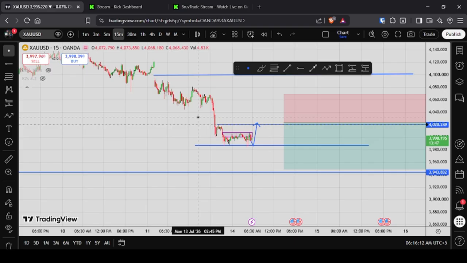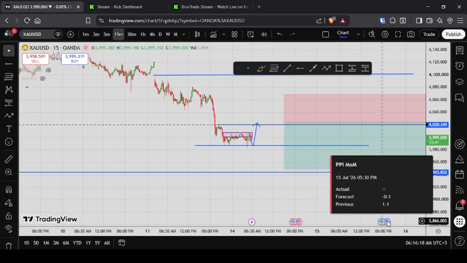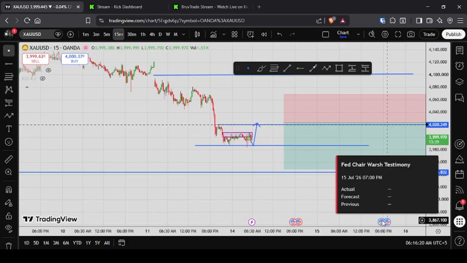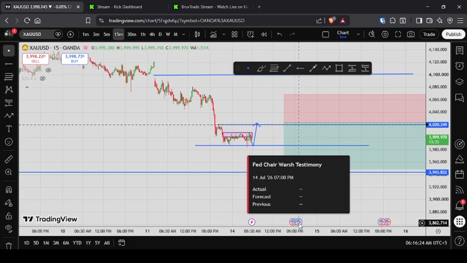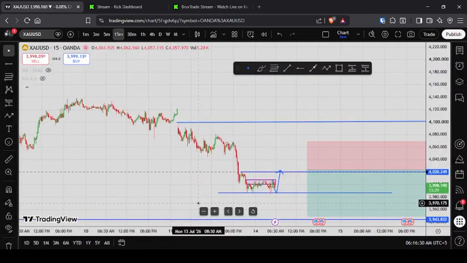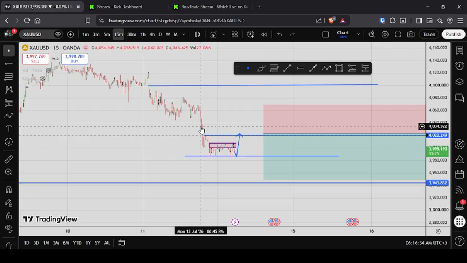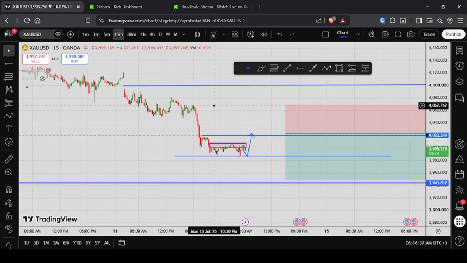We are going to learn about the inflation rates today, because the latest news is about the inflation rate and the other is going to be PPI and the Fed chair Powell's testimony. So we are going to learn about it and understand how it is going to affect gold. So yes, this is it from my side about gold.